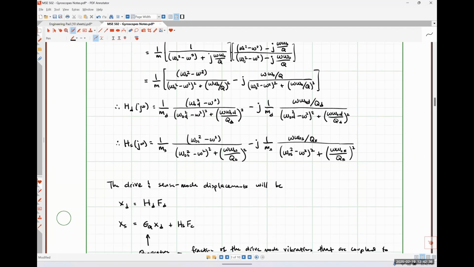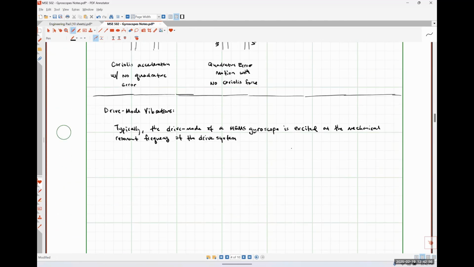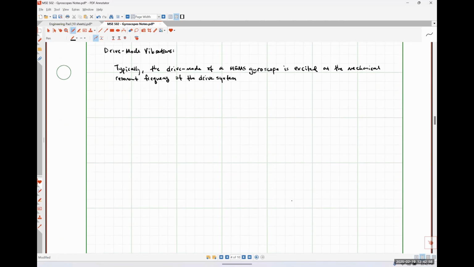So if we look at HD here, what we're going to wind up seeing is that our transfer function will essentially be at its maximum when our actuation frequency omega is equal to omega naught D. Okay, so we're going to get the largest possible amplitude of our vibration, which we need because we want XS to be as large as possible as well. And we know that for XS to be large, XD also needs to be large. Okay.